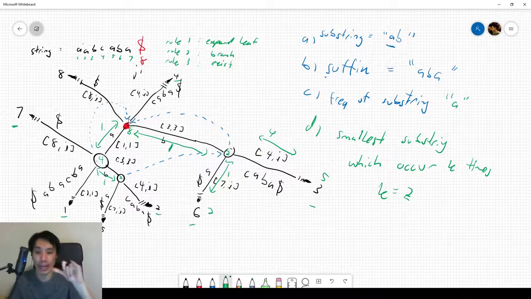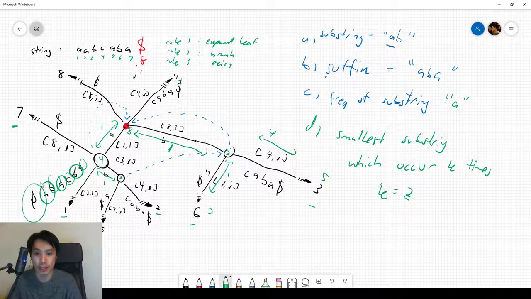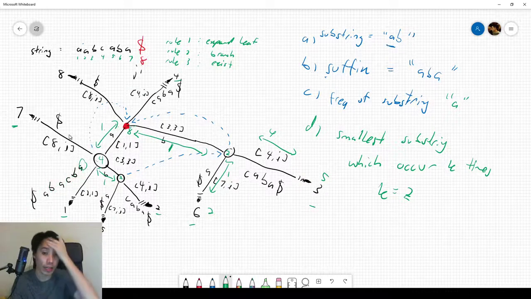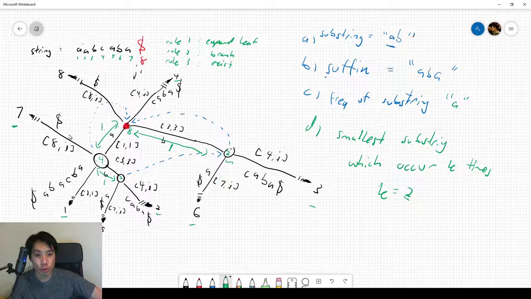You want the length of the edge because it is a suffix tree, not a suffix trie. So if we were to compress it, 1, 2, 3, 4, 5, 6, 7, my length is 7, because I have 7 alphabets, not the number of edges. Okay, so let me repeat the answer in full now.